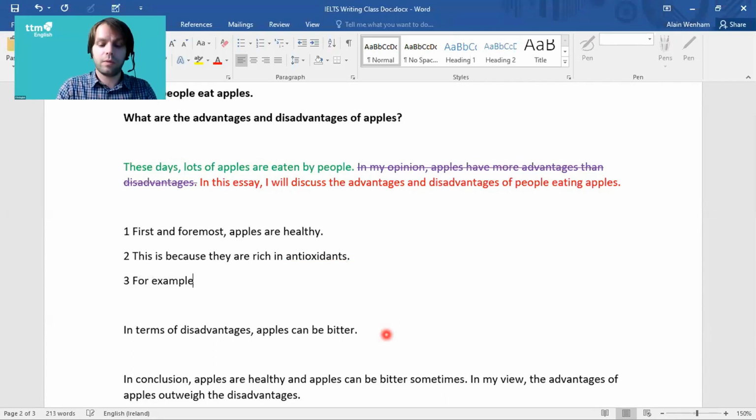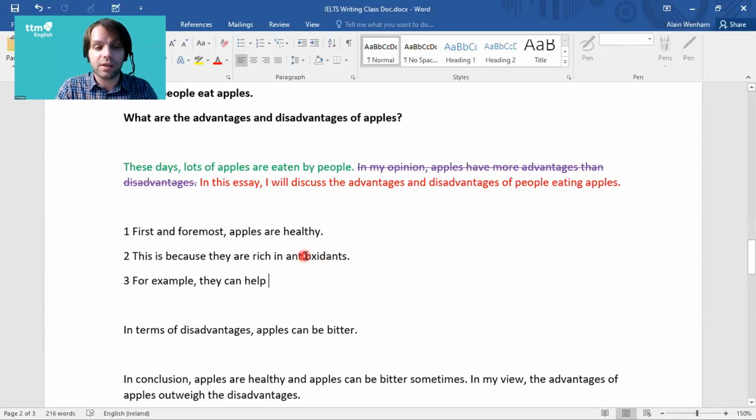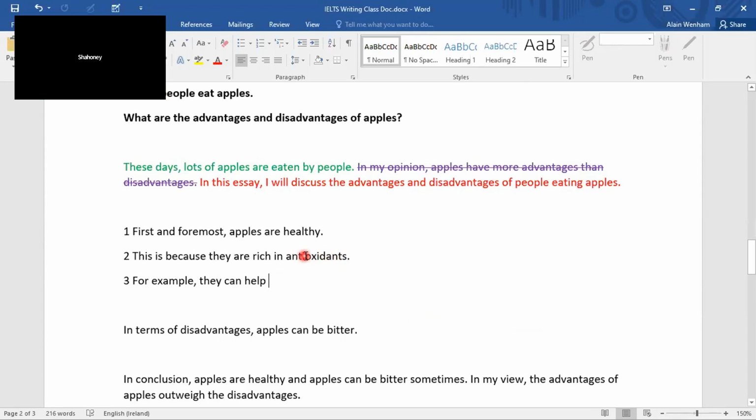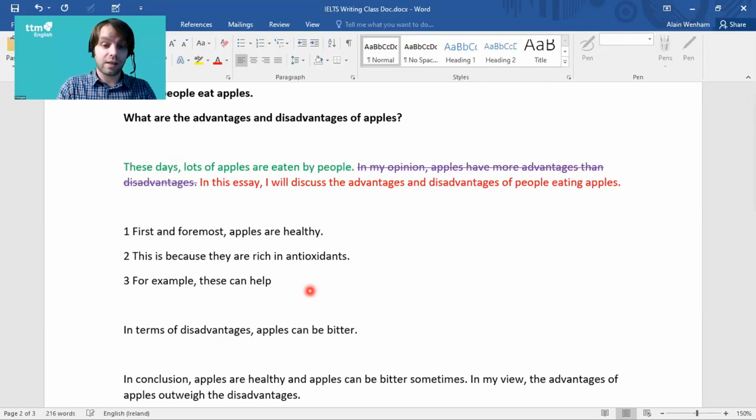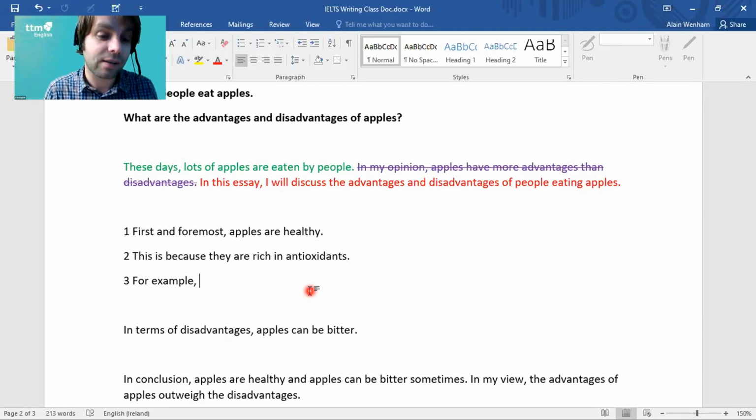For example, they can help reduce the risk. Is it the antioxidants that help reduce the risk? Yes. Okay, so you could say these antioxidants. I don't know if that's an example. That's more of an explanation again, right? So when we ask for an example, it has to be a specific case, all right?